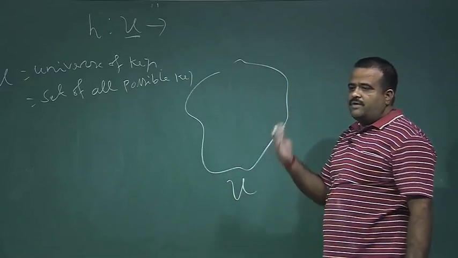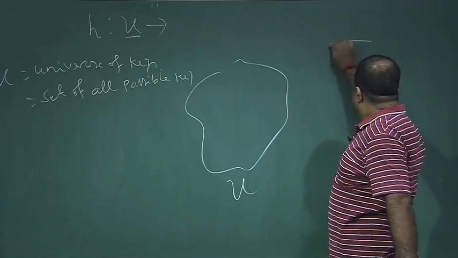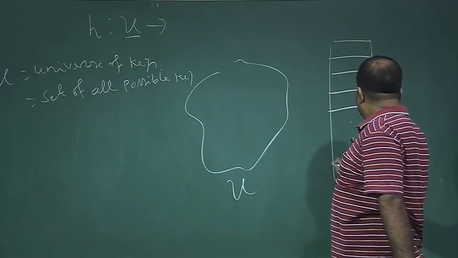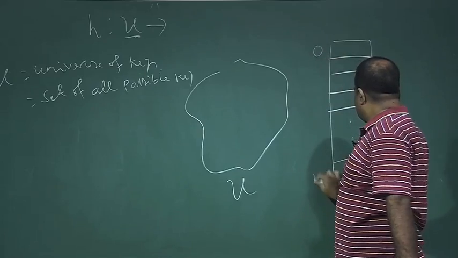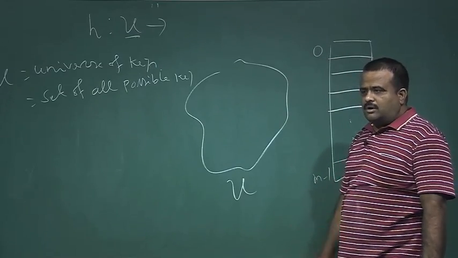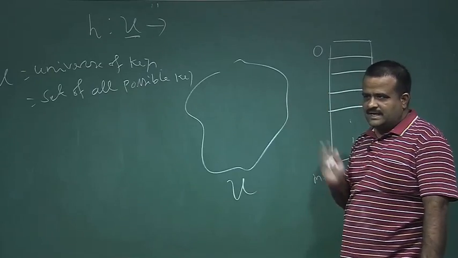And we have a fixed table size, say the table size is 0 to m minus 1. So we have a total of m slots. This is basically an array, but the array size is fixed.